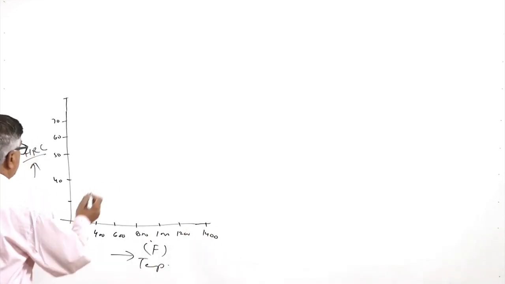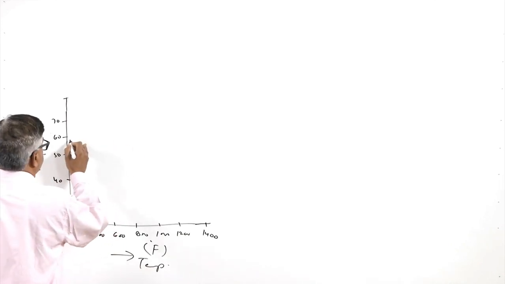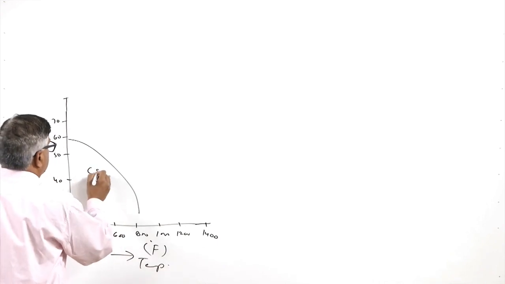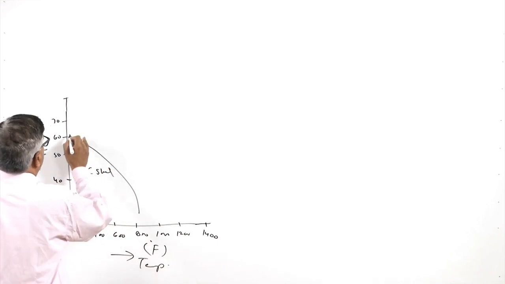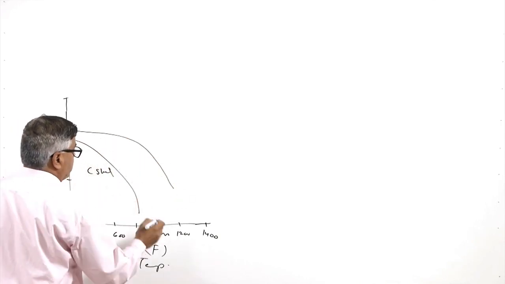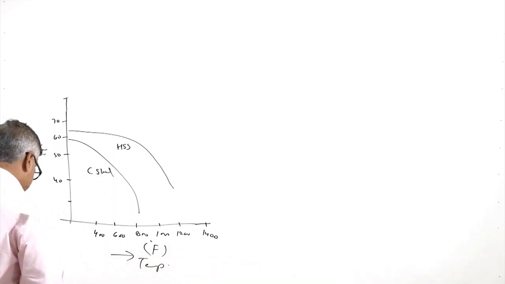What happens for carbon steel is that the hardness drops down very rapidly like this. For high speed steel it also drops, but not that rapidly, like this is for the HSS.